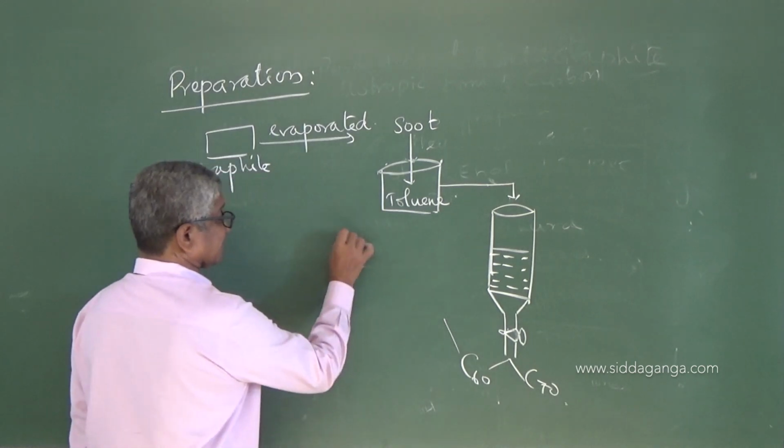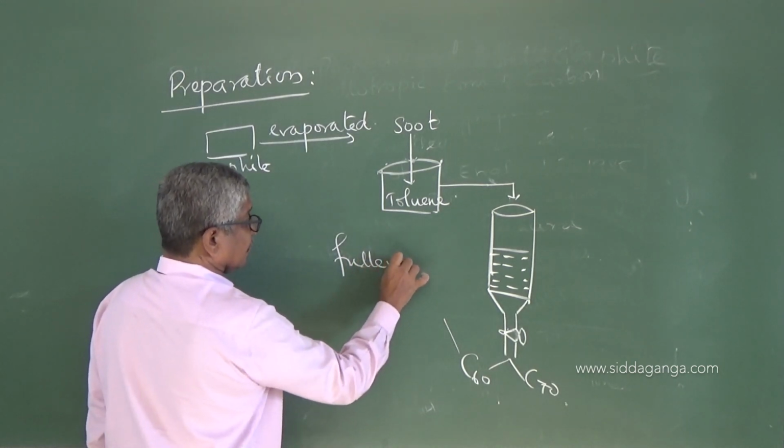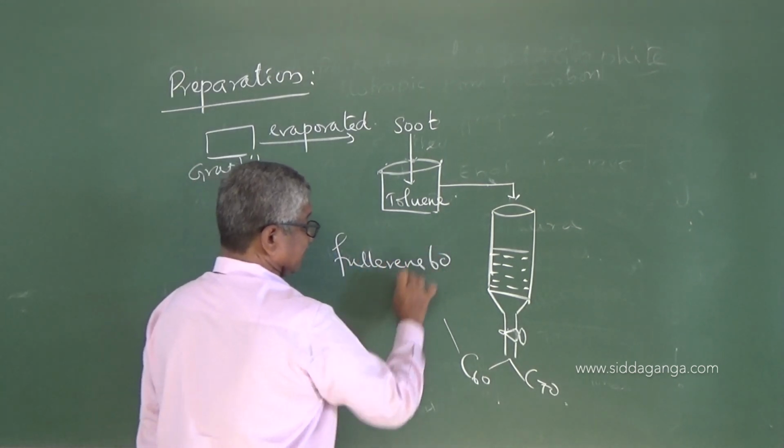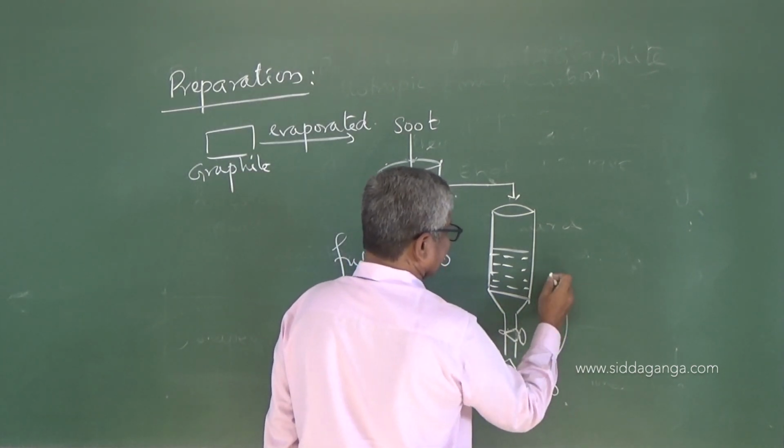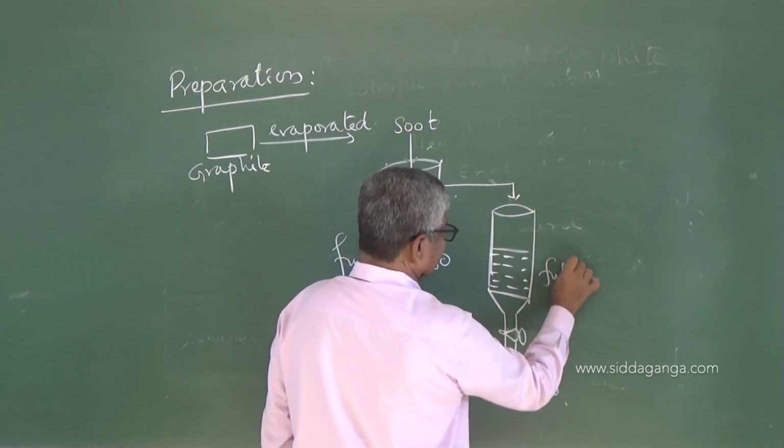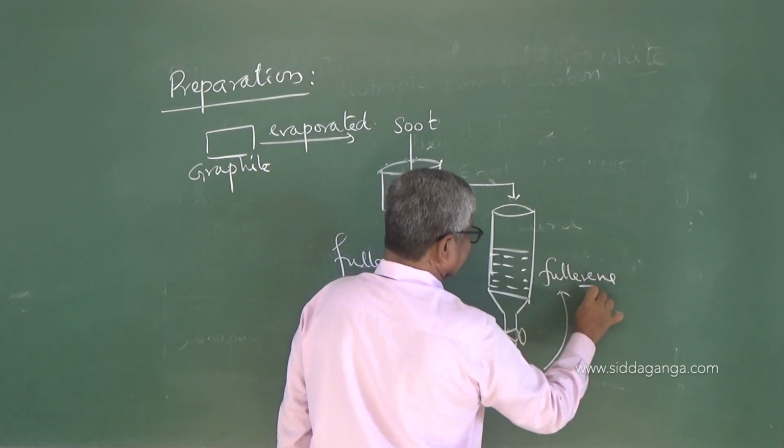The C60 is called fullerene 60 and C70 is called fullerene 70.